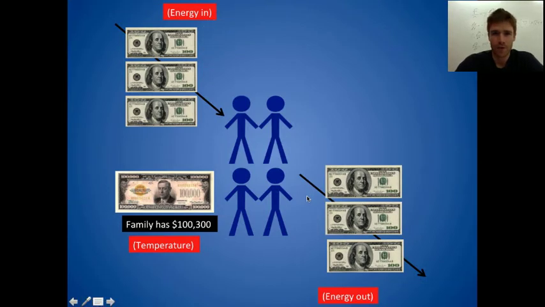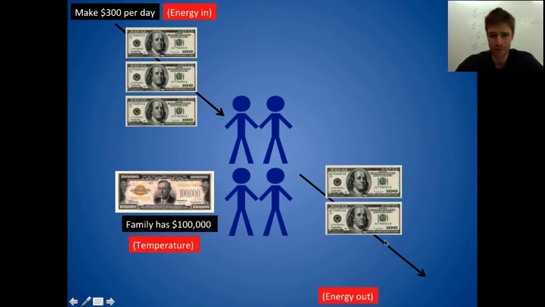But what's the other way? Let's reset this back to $100,000. The other way that you could increase the amount of money that you have in your family would be by decreasing the amount of money that you're spending. Let's say that the family now only spends $200 a day and is still making $300 a day.